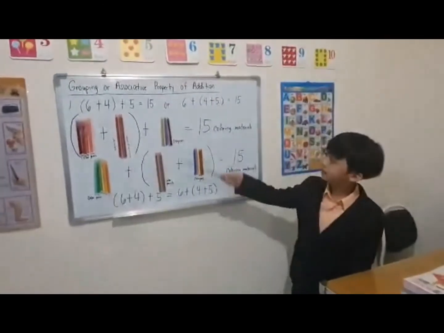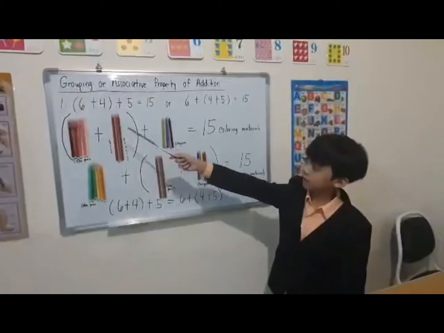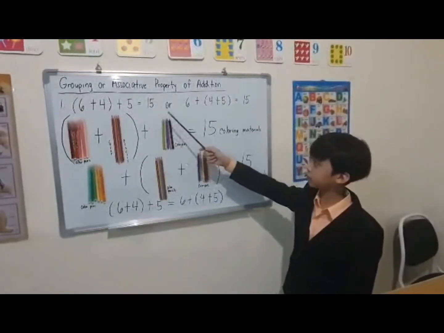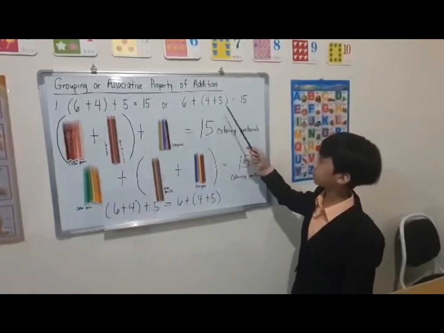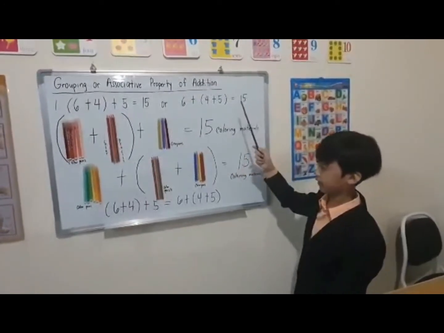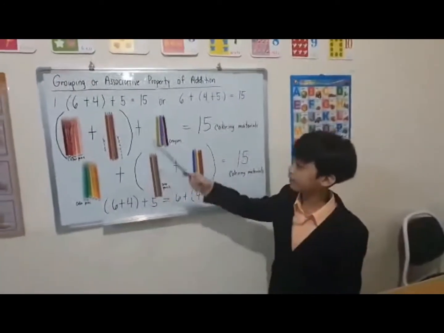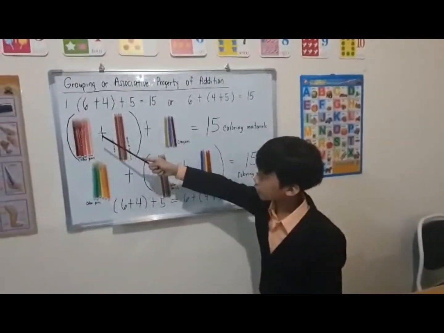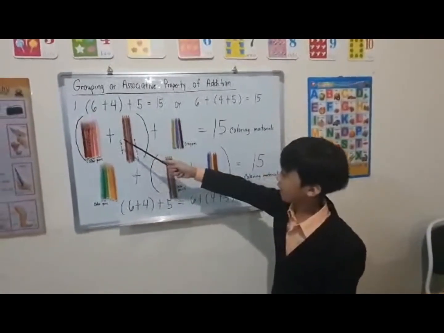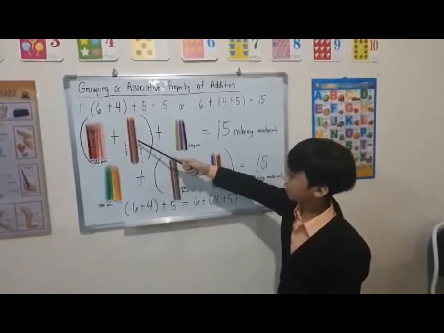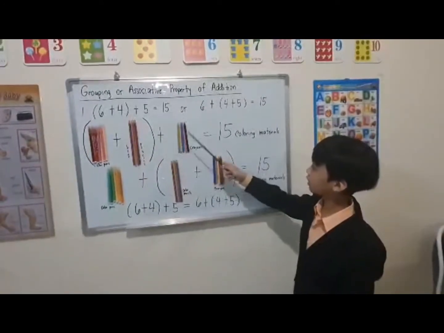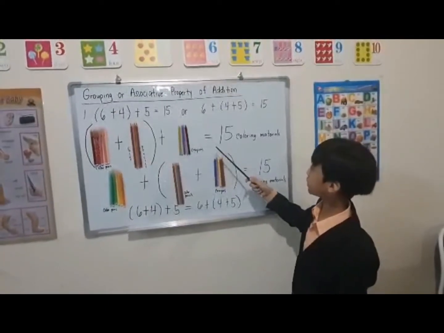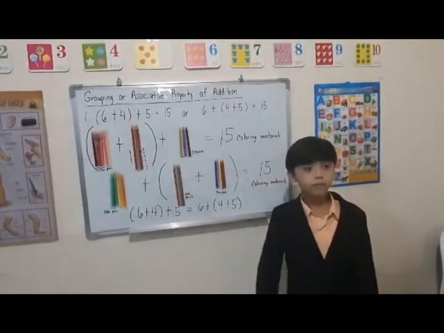Number 1. Parenthesis 6 plus 4 parenthesis plus 5 equals 15, or 6 plus parenthesis 4 plus 5 parenthesis equals 15. I have here 6 color pens and 4 color pencils in the parenthesis plus 5 crayons equals 15 coloring materials.